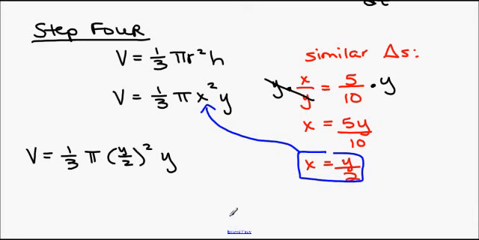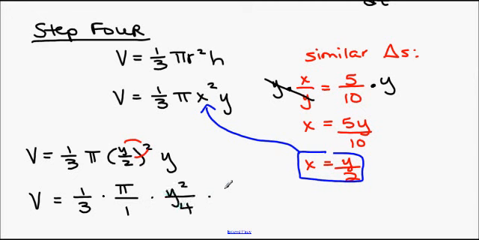Simplifying: V is 1/3 times pi over 1 times y squared over 2 squared, which is 4, times y over 1.